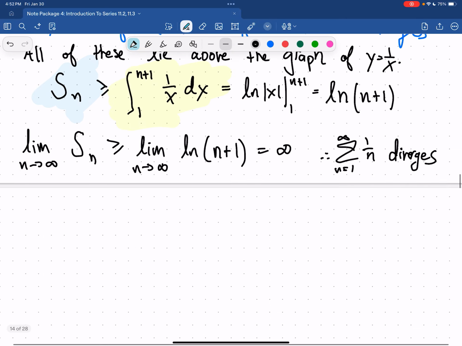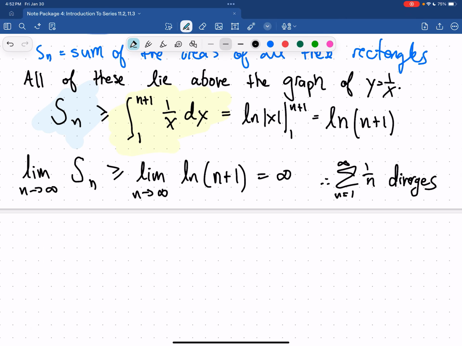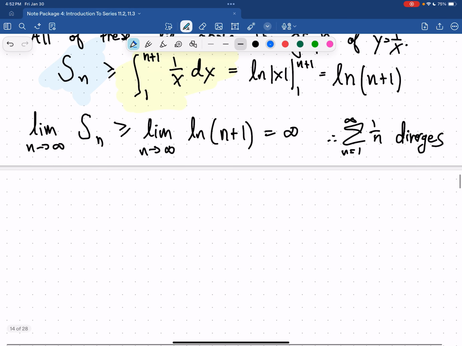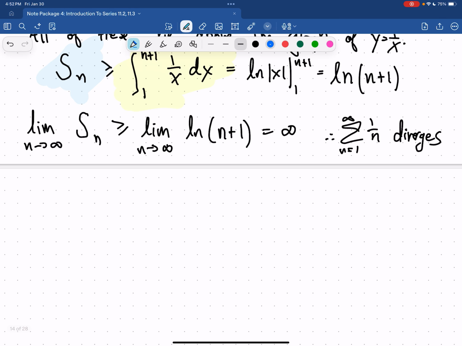Now, I said 3 methods. The third one, I guess, is kind of not cheating, but going ahead, because now at this point we've also covered the integral test. So we can try using the integral test here just for practice.